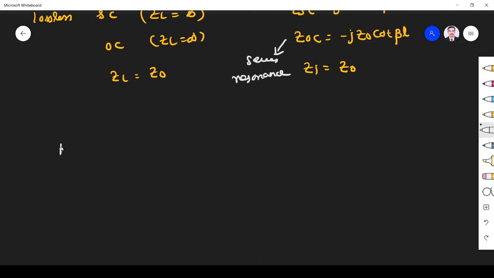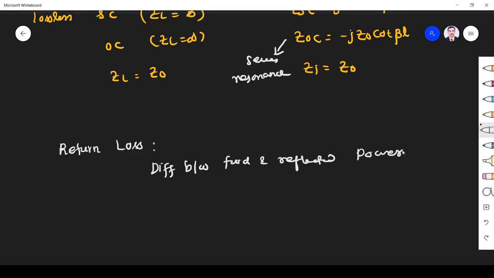What is return loss? Return loss is given by, first I read the definition. It is the difference between forward and reflected power, right? So whether return loss should be high or low, return loss must be very high. Why? Because RL, return loss is equal to forward power minus reflected power.